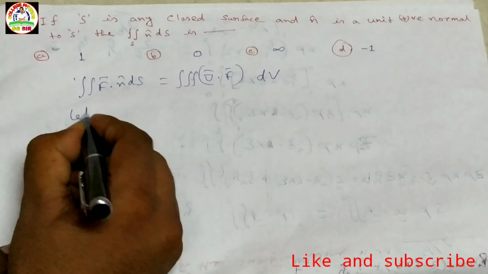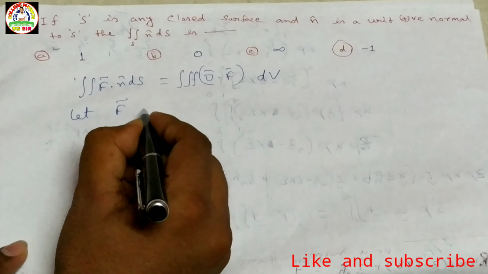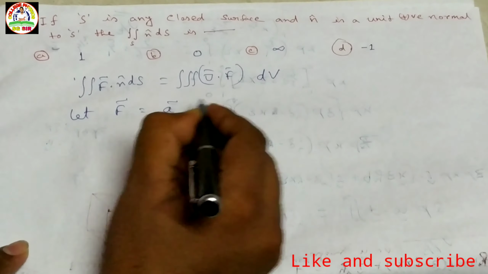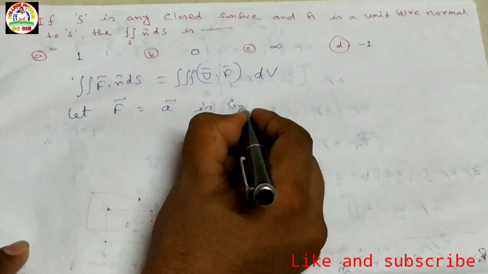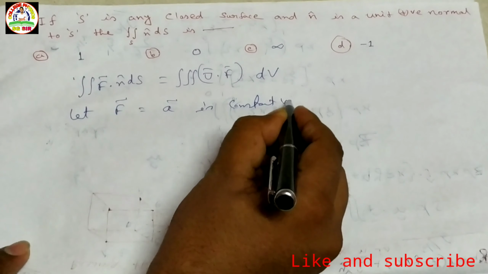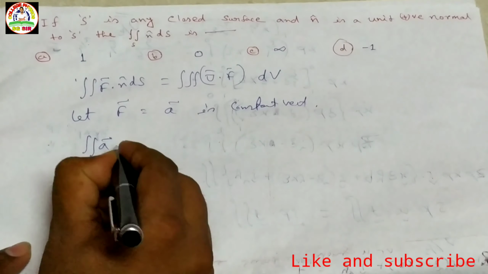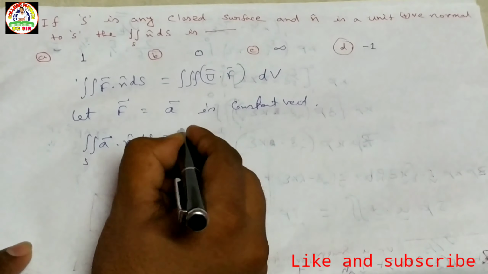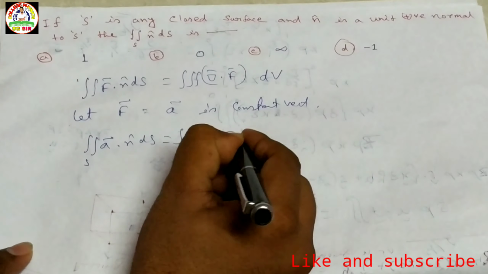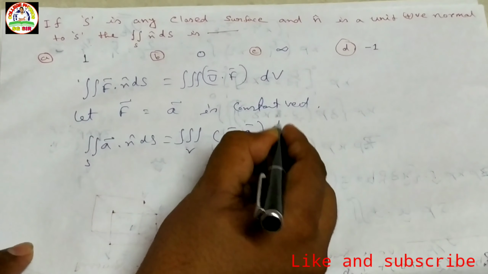Let us consider f is equal to a, where a is a constant vector. So the surface integral of a dot n cap ds equals the volume integral of divergence of a into dv.